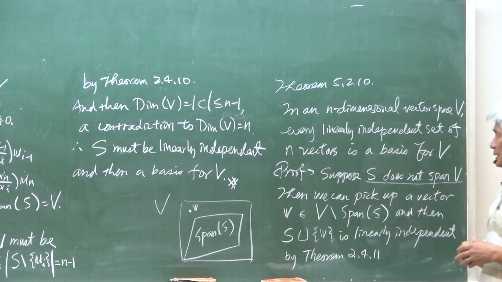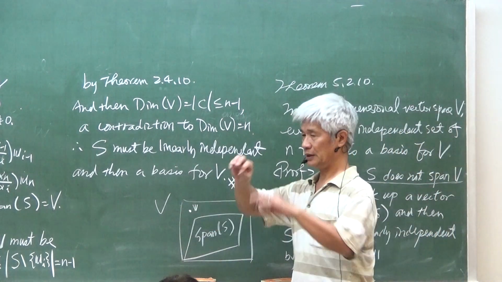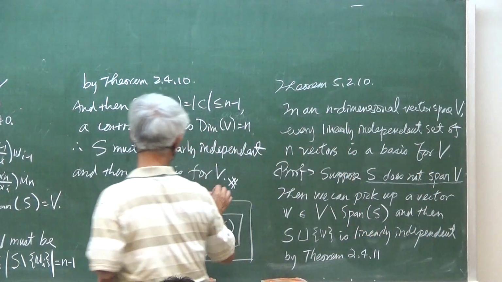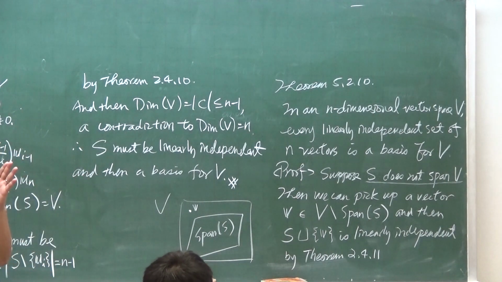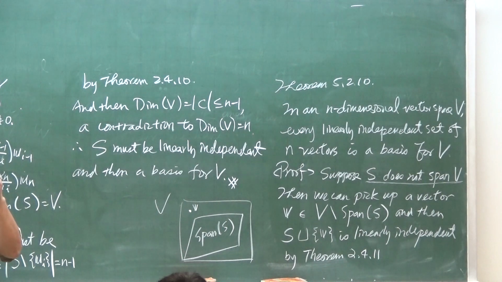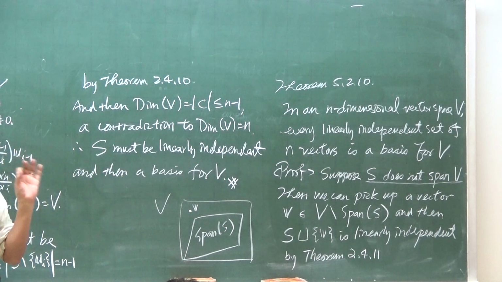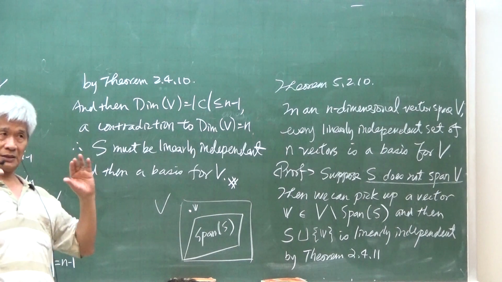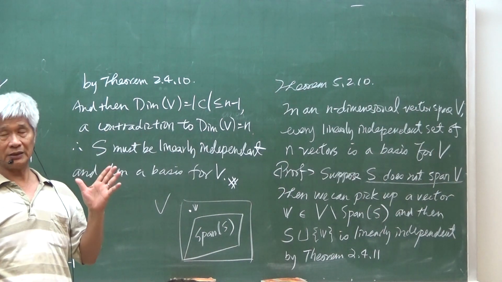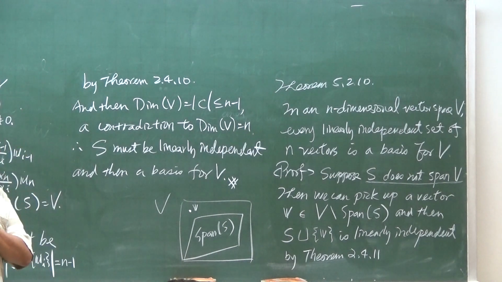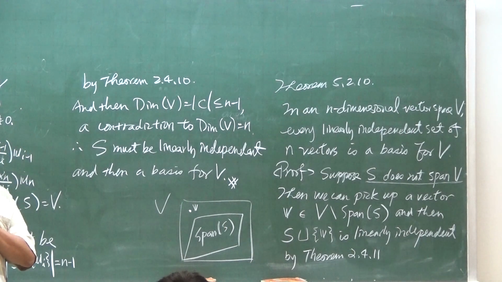Remember that? First of all, we pick a non-zero vector from the vector space, and form its span. Outside the span, we pick another one, we call v2. Now we have v1, v2 linearly independent, and form their span. If the span of v1, v2 is not V, then we pick the third one, v3, and join it to v1, v2.